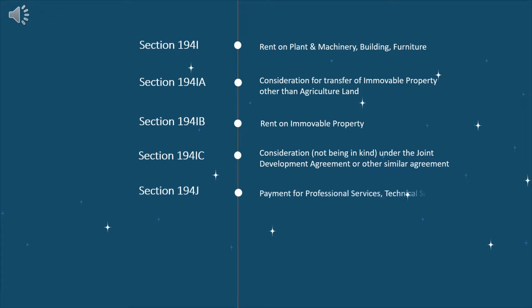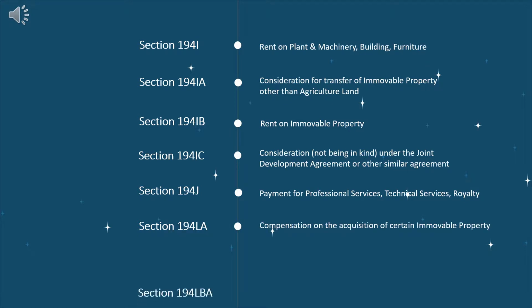Section 194J, payment for professional services, technical services, royalty. Section 194LA, compensation on the acquisition of certain immovable property.